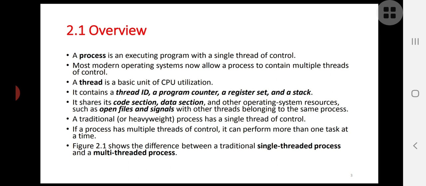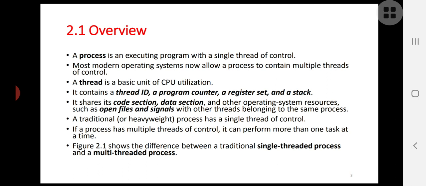and each thread is identified by a thread ID. So what are the other components of each thread? It contains a thread ID by which the thread is easily identified, a program counter which stores the address of the next instruction to be executed, a set of registers, and a stack.